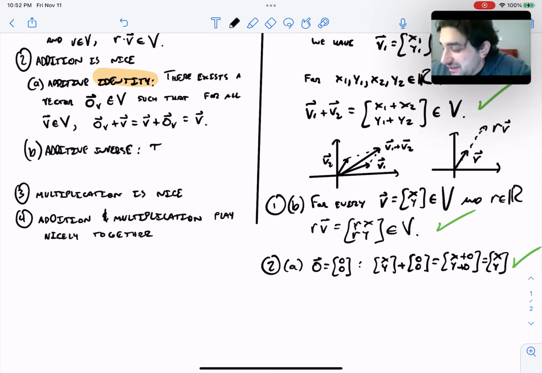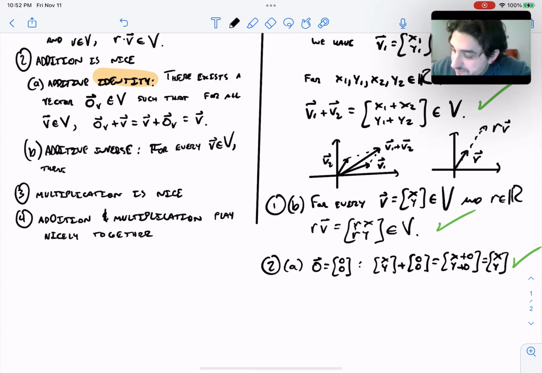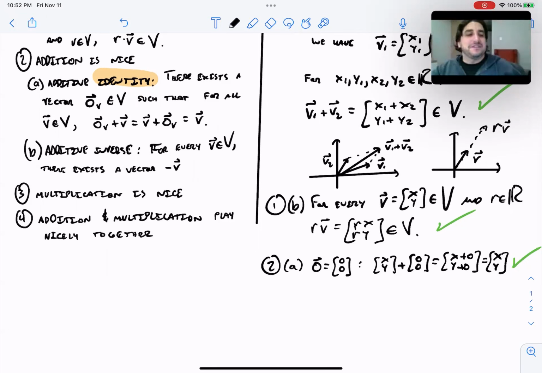So here is what additive inverse is. For every vector in your vector space, there exists a vector that you can add to it, which you could just call W sub v or something like that. But typically the symbol you give to that vector, the additive inverse, is -v. So -v is how you call the additive inverse.